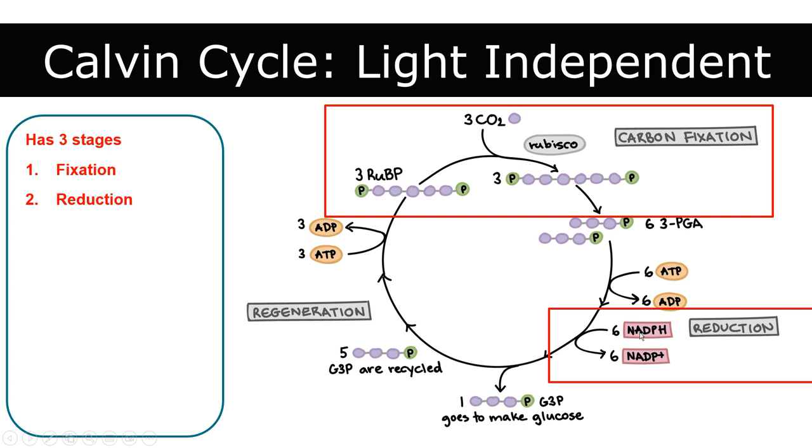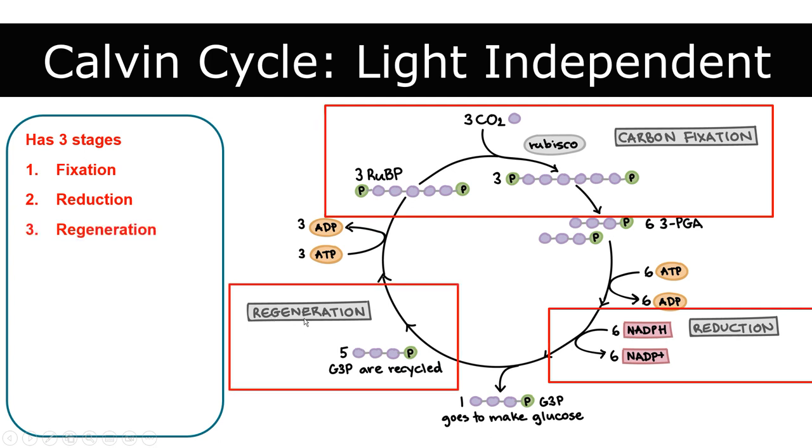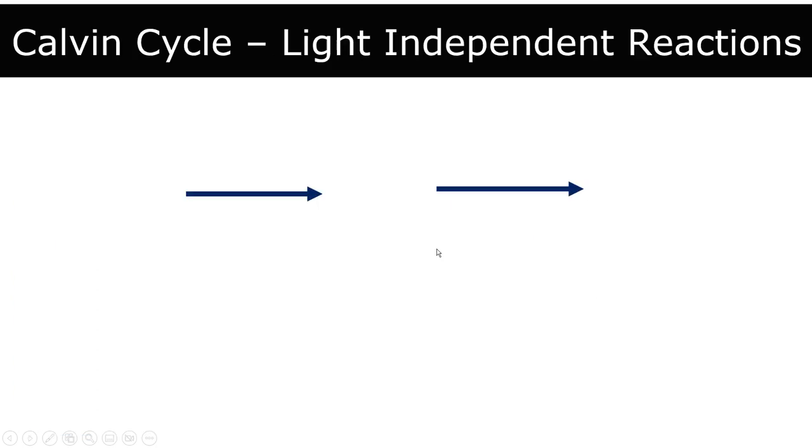The next stage is reduction, where I'm using that reduced NADP or NADPH to oxidize something else that's over here. We'll talk about that later. And the last stage is the regeneration, right? Because this is a cycle. Whenever I use components, I'm going to regenerate something, this molecule right here called RuBP. We'll talk about each of these steps in some detail next, right?